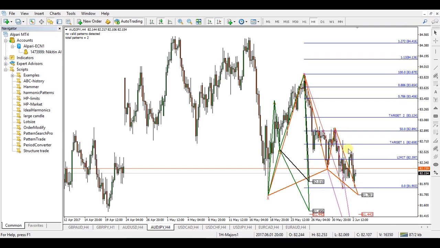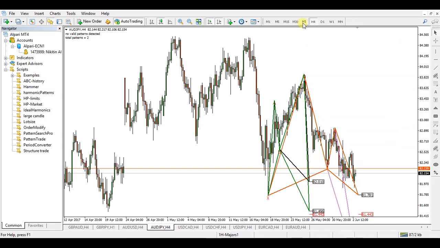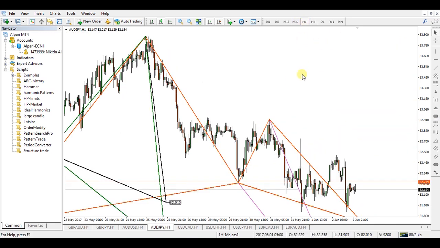Well, no, we didn't hit targets yet. Price came to the entry point, so we have a second opportunity to enter. Either this shark pattern or that Gartley pattern, they almost complete at the same level somewhere here.